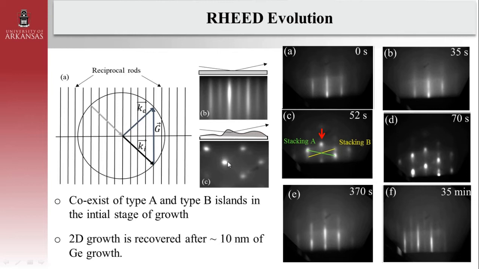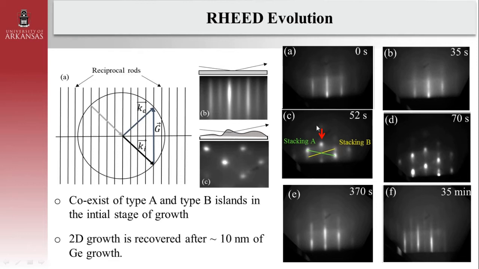So you're getting a spotty pattern. So this is a very important and useful tool. In fact, the physics is more or less the same as electron microscopy, but as I said, it is mainly used for characterizing the surface and the morphology during the growth.